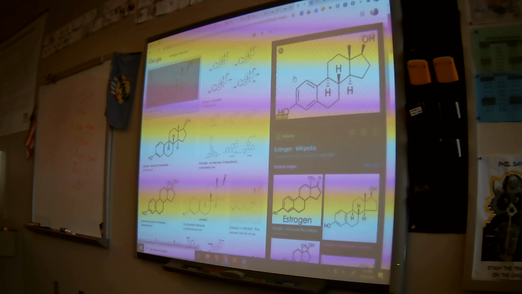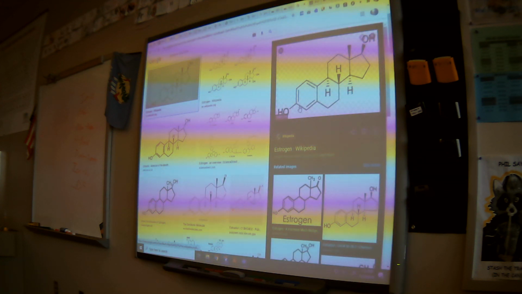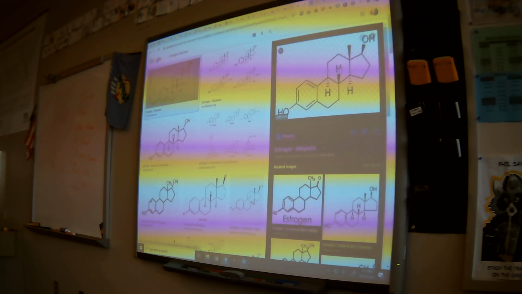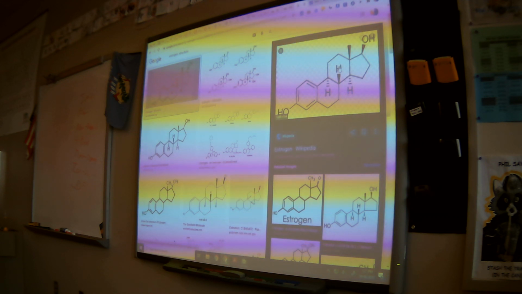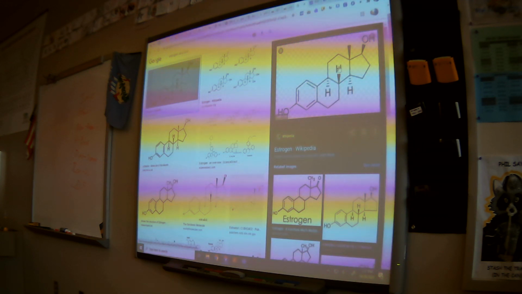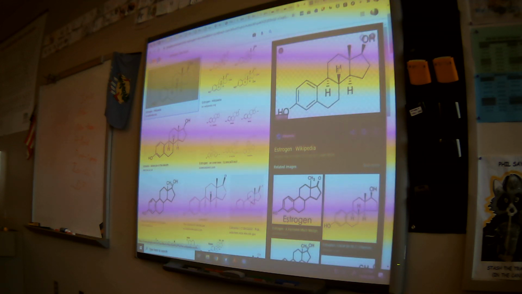How many OHs do you see here? Two. What about all this middle bit? Do you see any polar things? All carbon and hydrogen. So this is something you would call fat soluble, because fats are nonpolar. Nonpolar things dissolve nonpolar things, right? So, fat soluble in medicine.